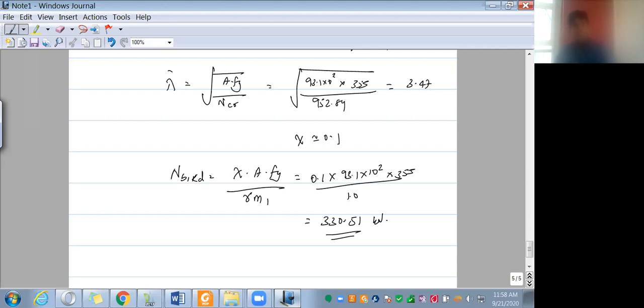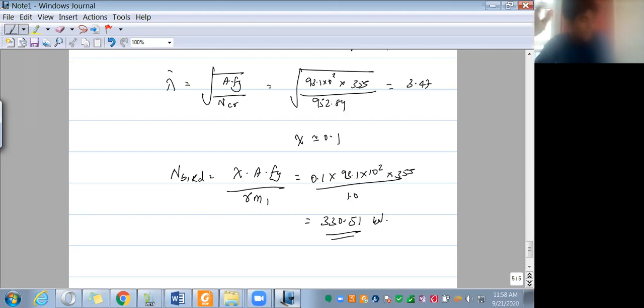When you're choosing the appropriate section, you need to consider the three different failure modes. So a failure could occur in a column due to failure of the material. So that is called squashing. There's no buckling, just the failure of the material. So it gets crushed. Second is local buckling. So for local buckling, we can see whether it is class 1, 2, 3 or 4.